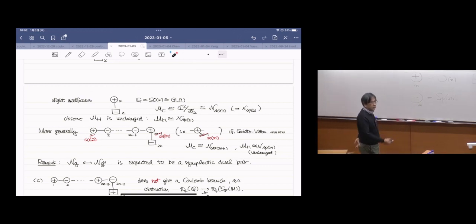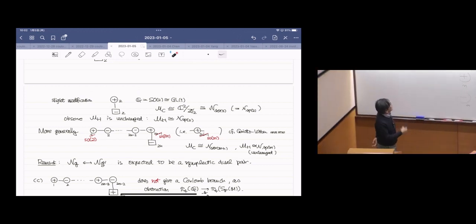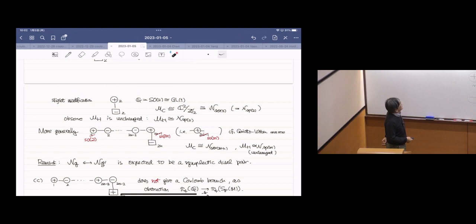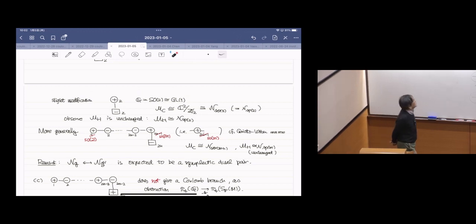He studied those Coulomb branches in many situations. So anyway, in this case, the Higgs branch is unchanged, so you get the nilpotent cone for Sp2n, and the Coulomb branch is S of odd.